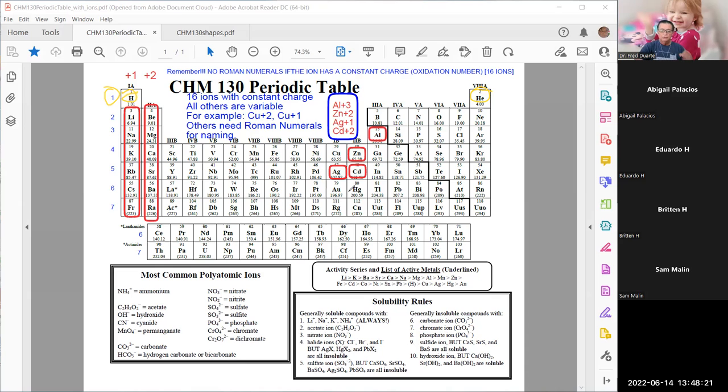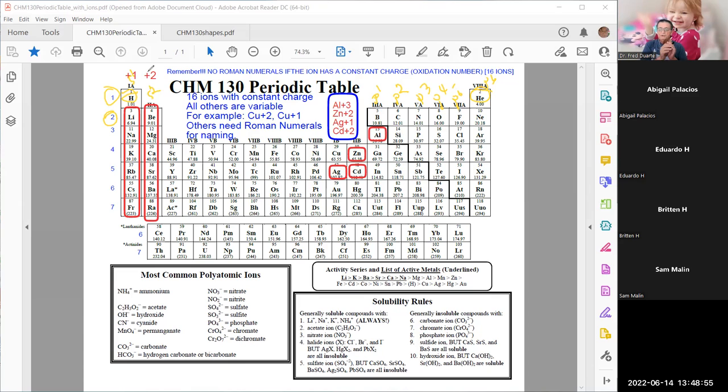Now, when we go to the second energy level, we continue with the S orbit, but then we introduce a new orbit, which we call the P. The P's start off over here with boron. So we call it P superscript 1, P1, P2, P3, P4, P5, and P6. Over here we have S1 for the first group and S2.